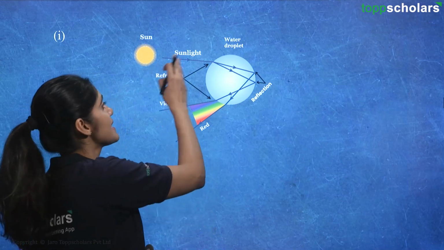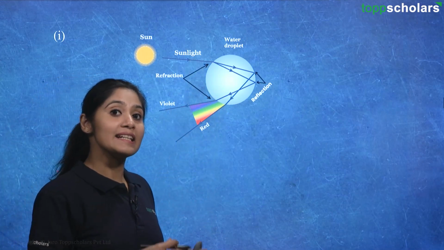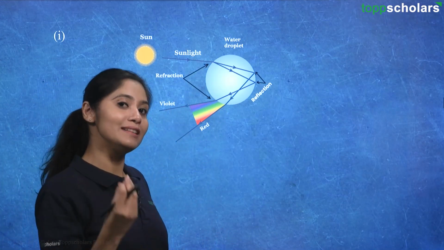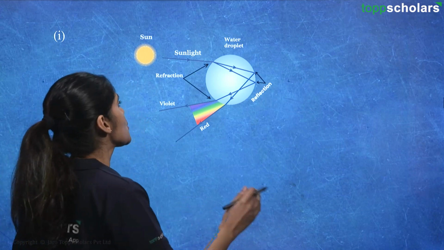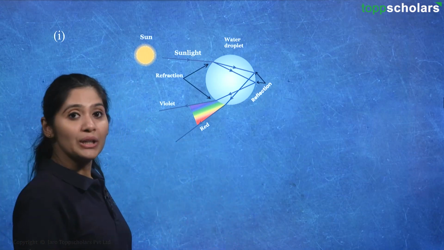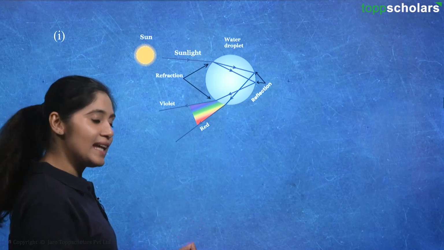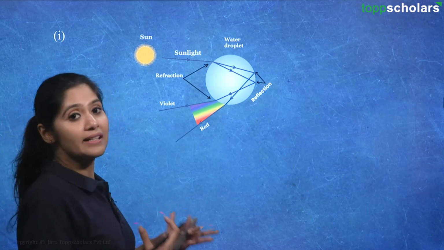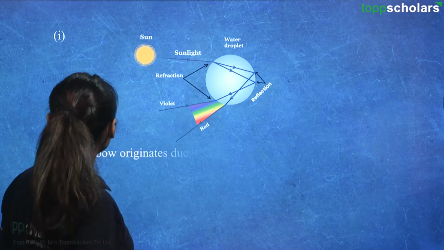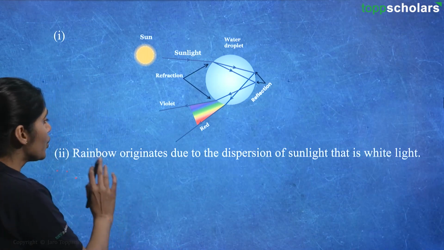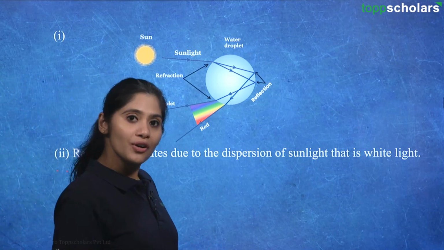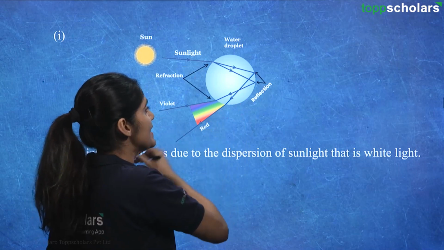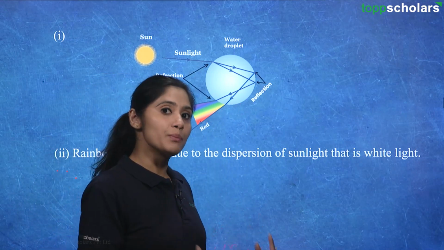So here the sunlight is getting dispersed into its component colors, right? We are now going to describe it and see if we understood this entire phenomenon. So let's see. Rainbow originates due to the dispersion of sunlight. There you can see the dispersion of sunlight.